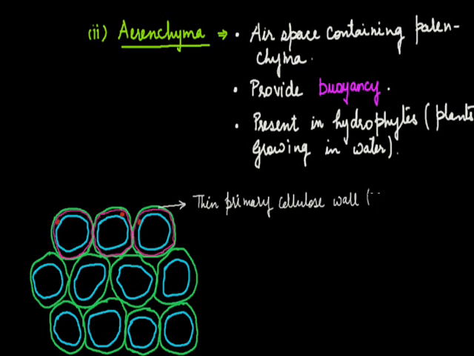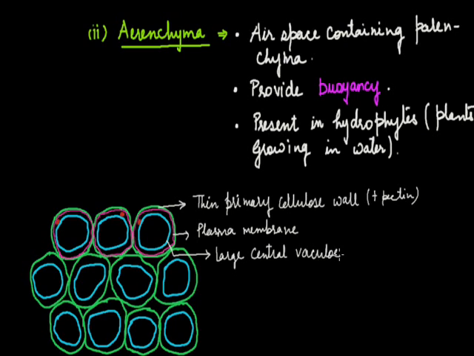It also contains pectin. This is the plasma membrane or cell membrane. This is the central large vacuole. That is mainly concerned with the function of storage, and this is the nucleus present in the peripheral layer of cytoplasm.